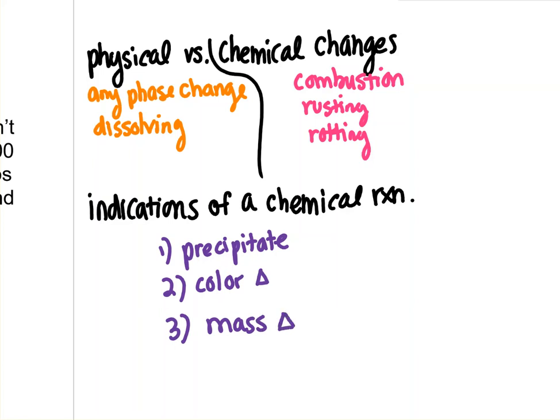And a mass can change because of a gaseous product or reactant coming and going. It may not be obvious that it's coming and going, but it can cause a mass change. And last one is a gas forms. So if you see bubbles or something like that, it's a sign that you have a chemical reaction.